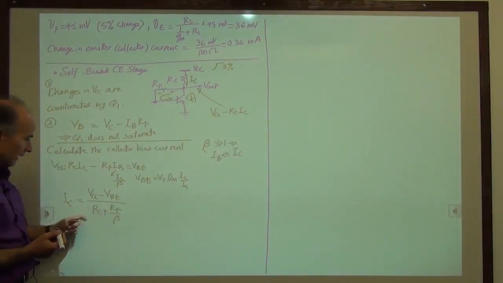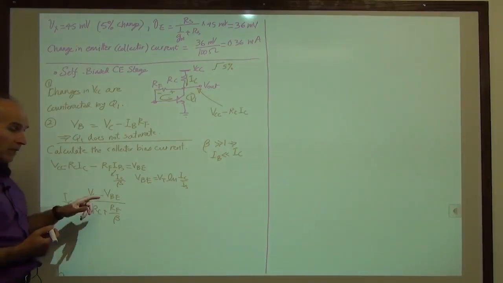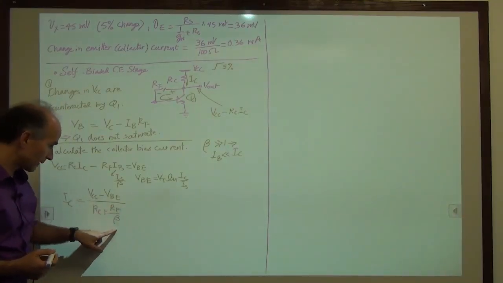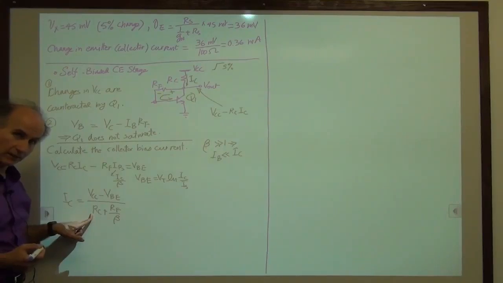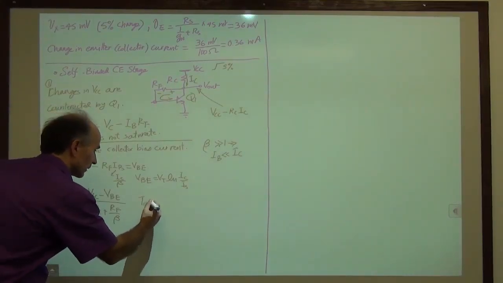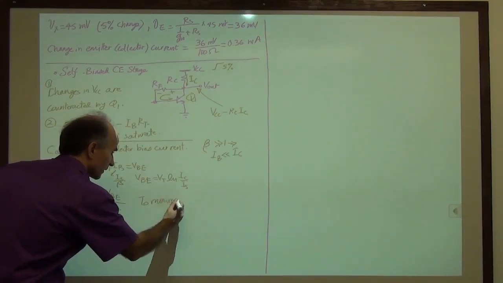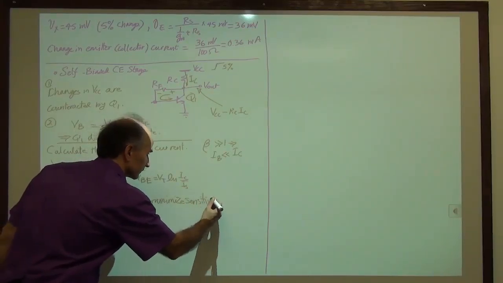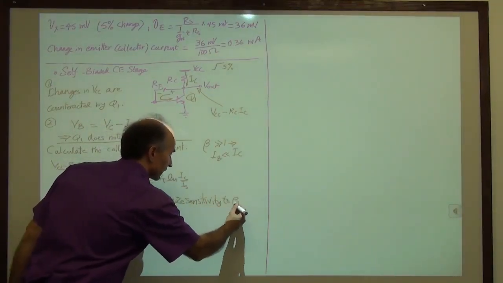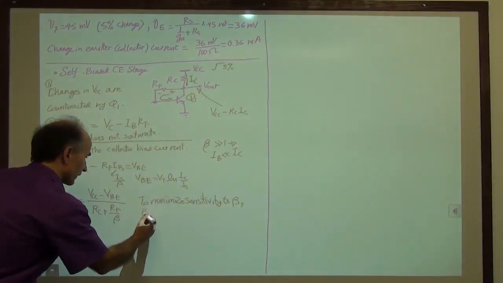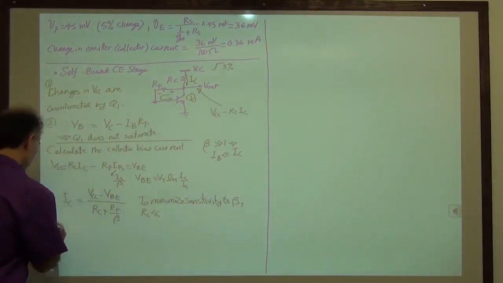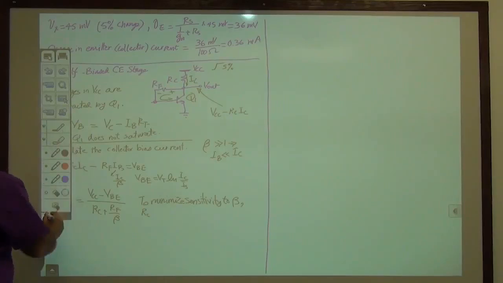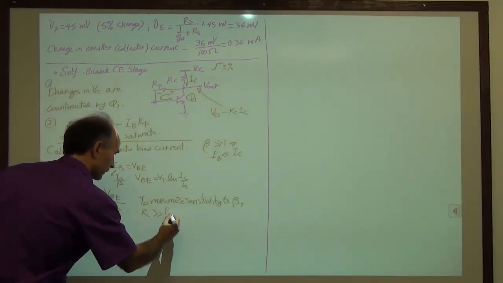All right, so this equation says that if we want to minimize the sensitivity to beta variations, we should make this component much less than RC. So to minimize sensitivity to beta, we choose RC to be much greater than RF over beta.